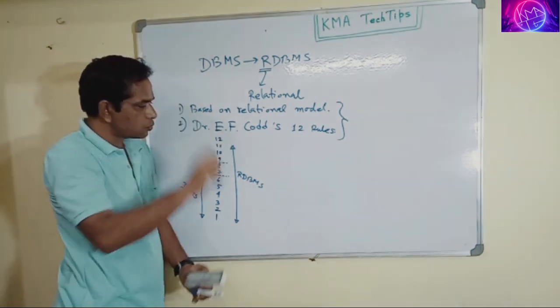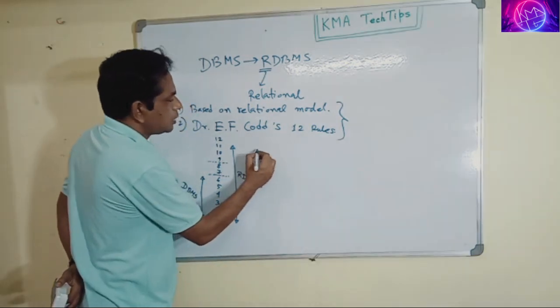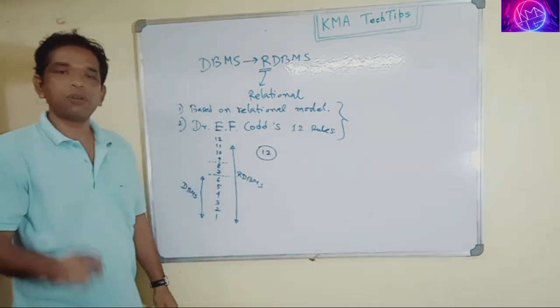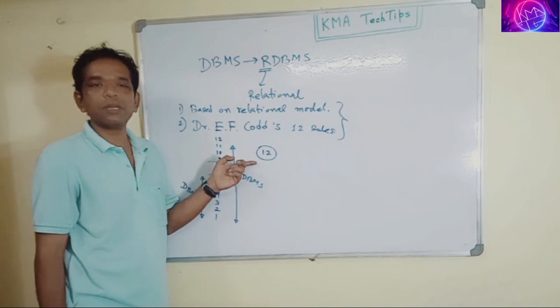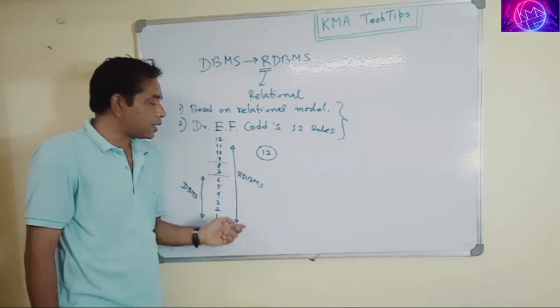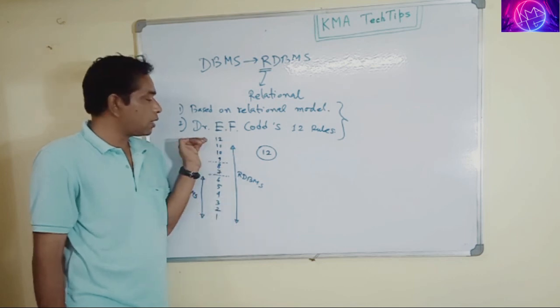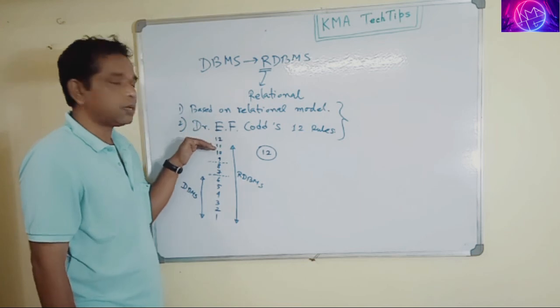But here is one lacuna: in our present software market scenario, there is no RDBMS software which can satisfy all 12 rules of Dr. Codd. We can only find up to 11.